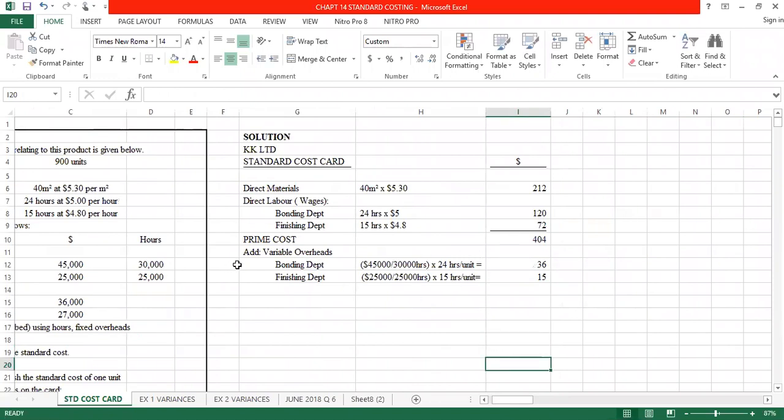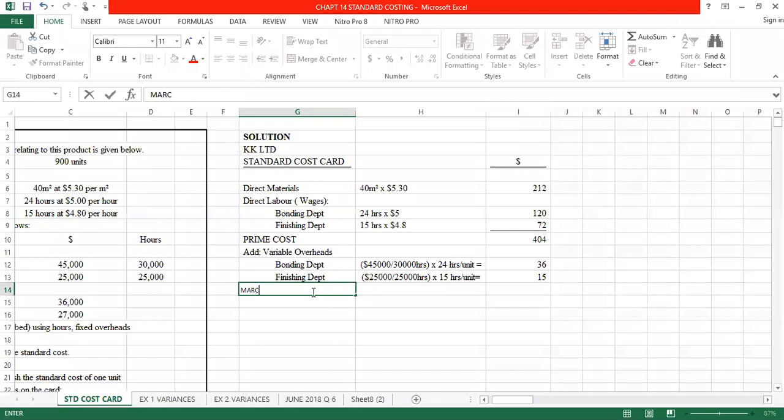So we add variable overheads, for the bonding and for the finishing.